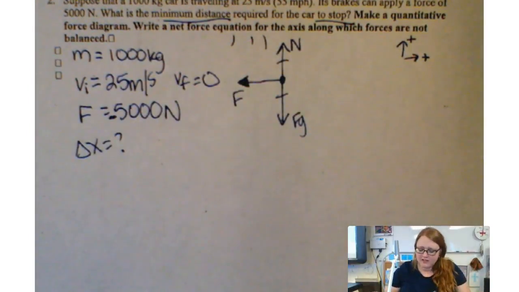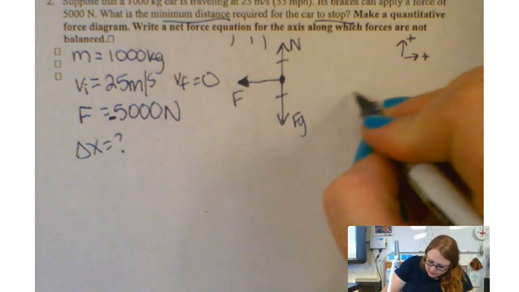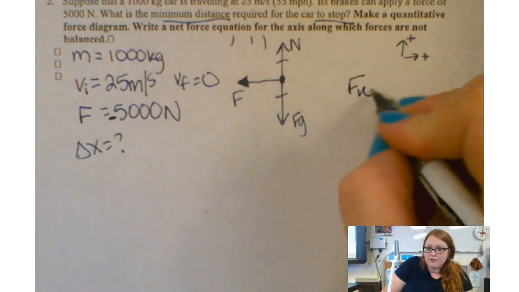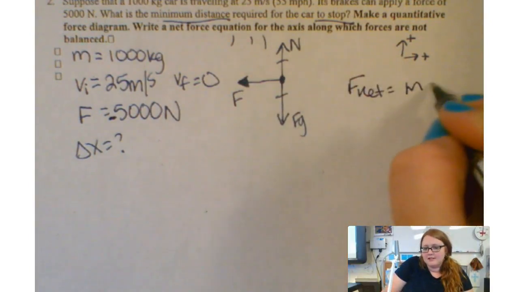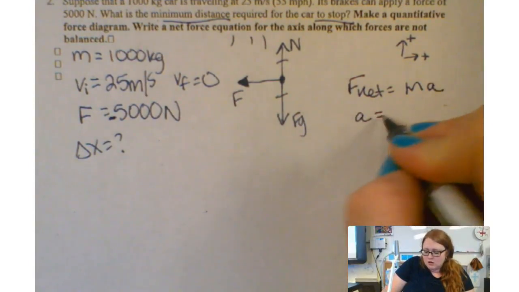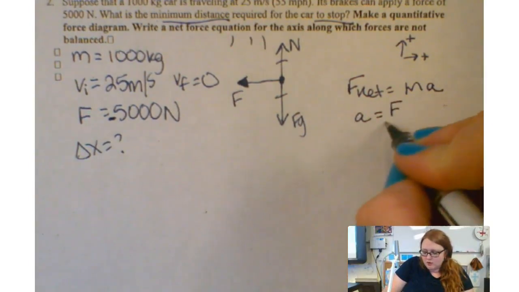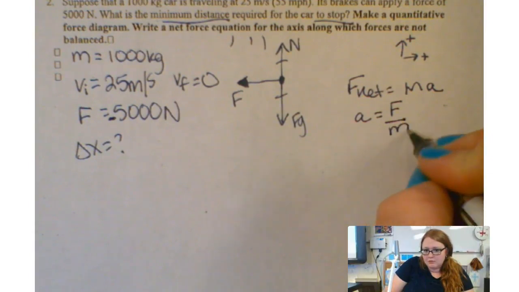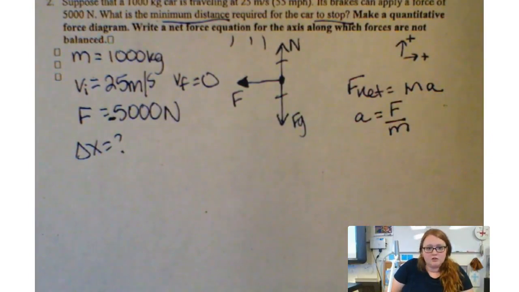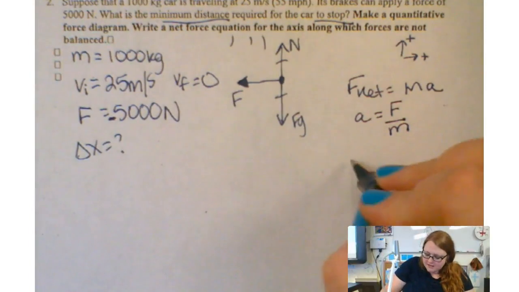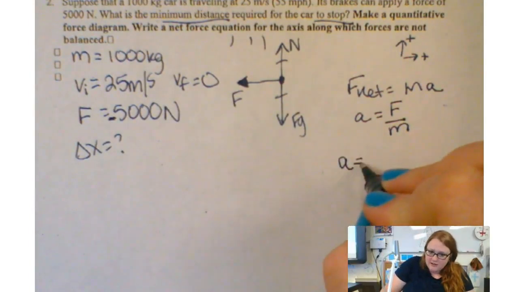So how am I going to find acceleration? Well, I know that Newton's second law says that the net force equals mass times acceleration, or acceleration is proportional to the force and inversely proportional to the mass. So I have my force, I have my mass. It's going to be no big deal for me to find acceleration.